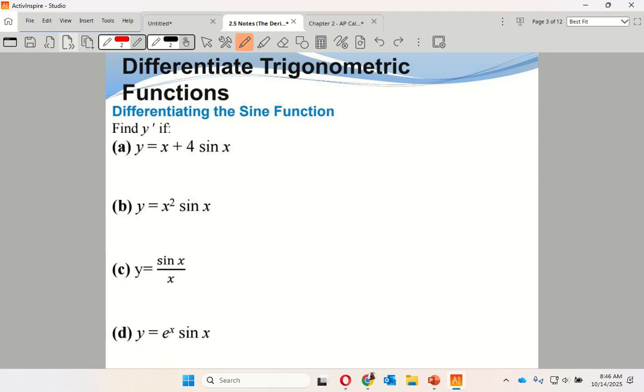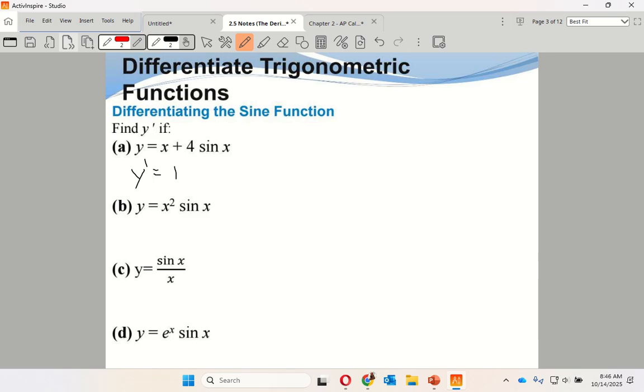All right, let's go through. What is the derivative of x? 1. So y prime is going to be 1. And what's the derivative of sine? Cosine, but there's a 4 out front, for cosine.